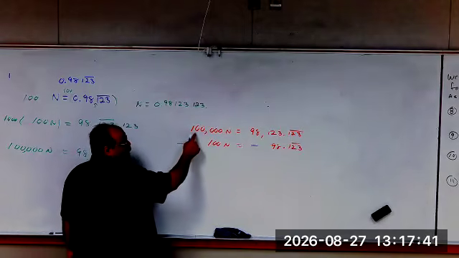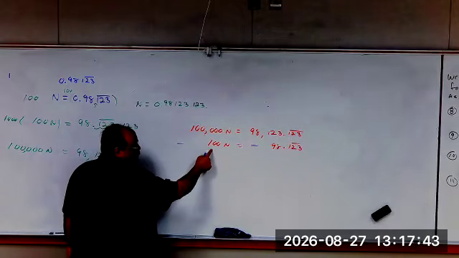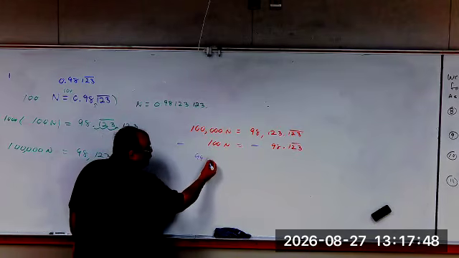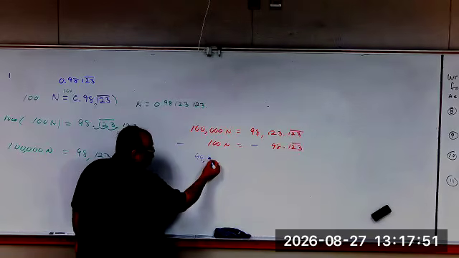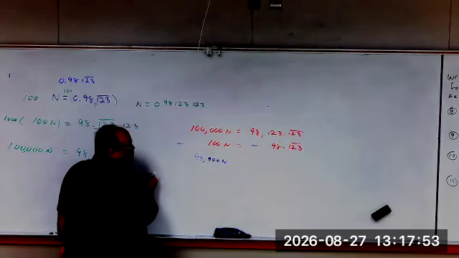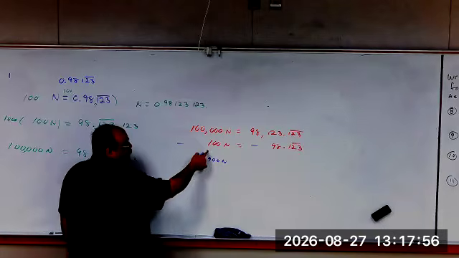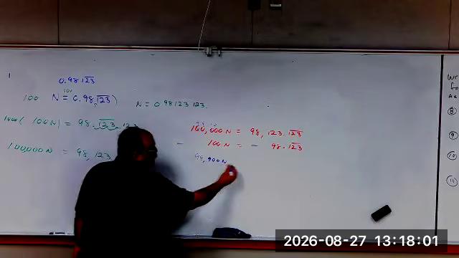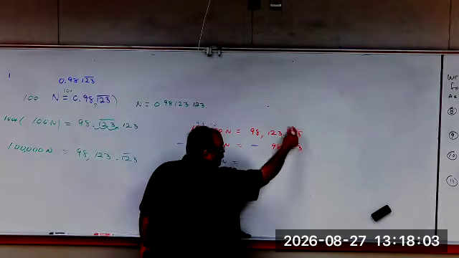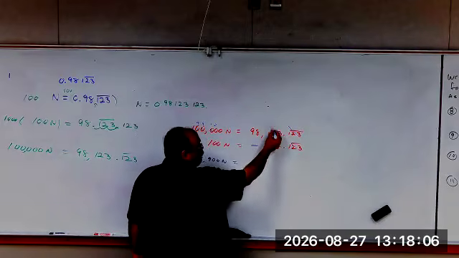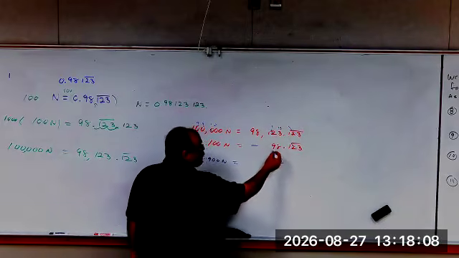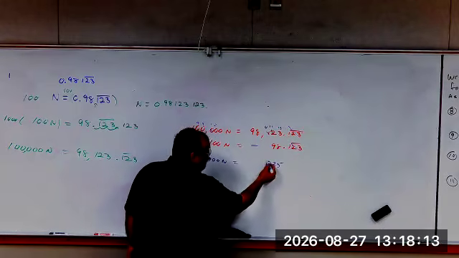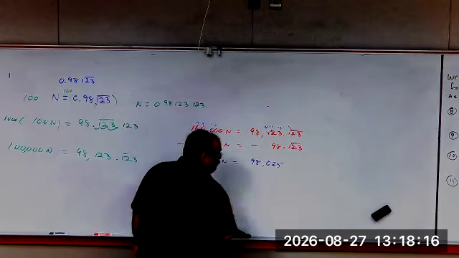On this side, 100,000 minus 100 is going to give me 99,900n. And over here, you borrow, and you get 98,025.